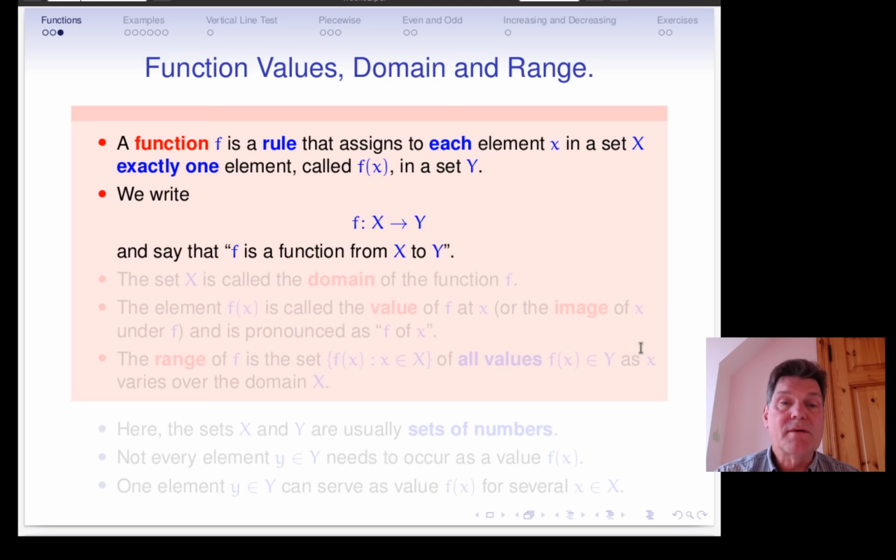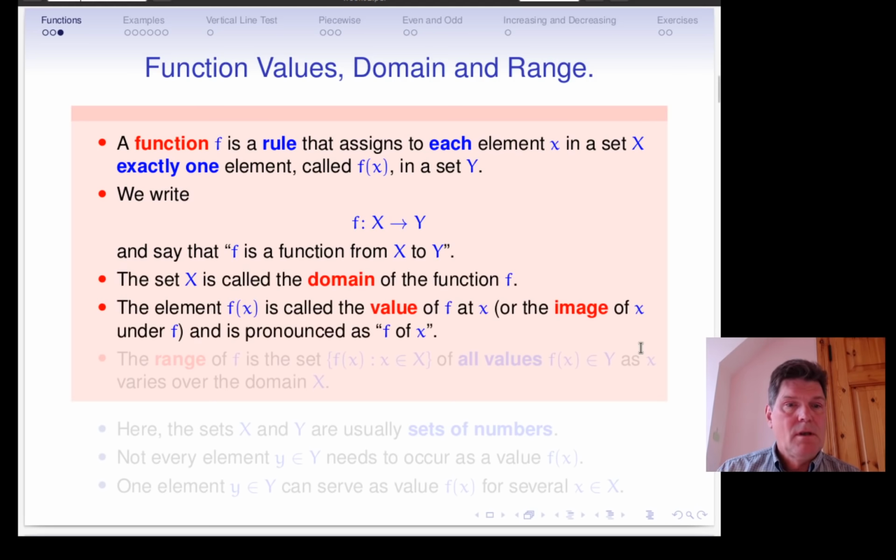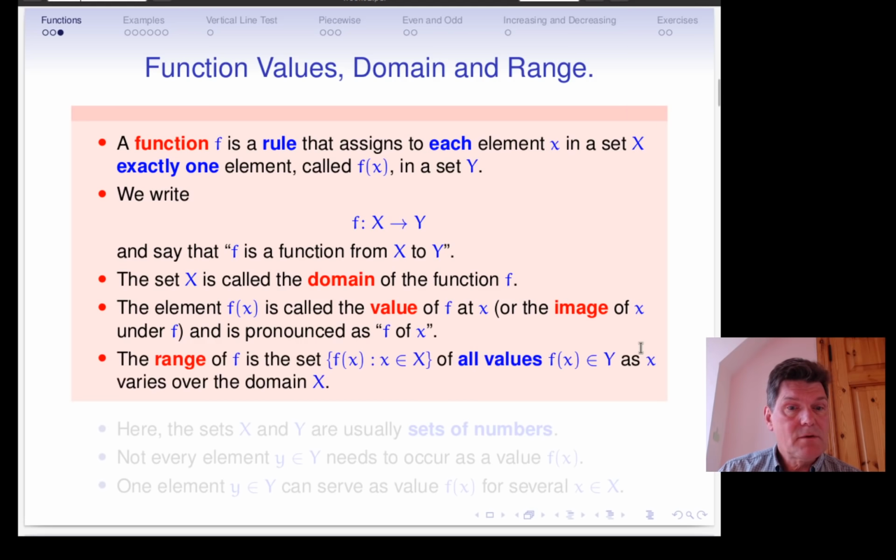We write this as f colon X arrow Y, and that describes f as a function from X to Y, where both X and Y are sets. The set X here is called the domain of the function f. The element f of x is called the value of f at x, or the image of x under the function f, and it's pronounced "f of x." There's another set of importance in this context, and that's the range of the function f.